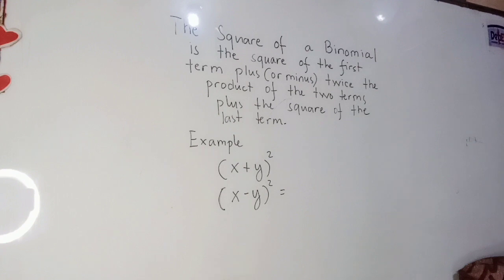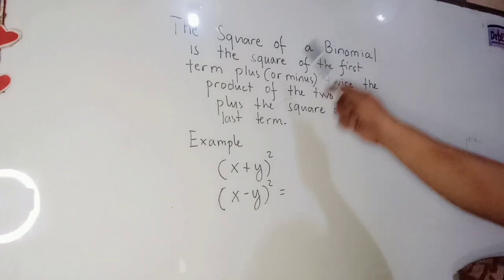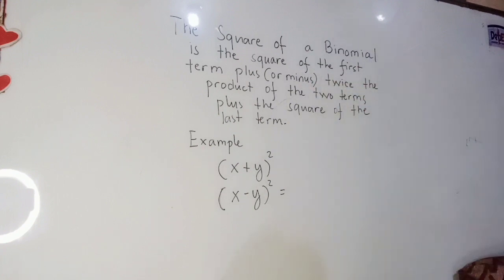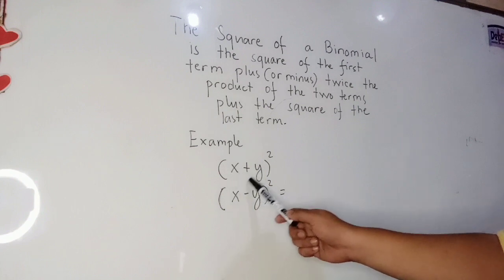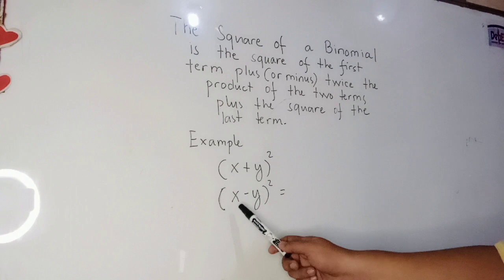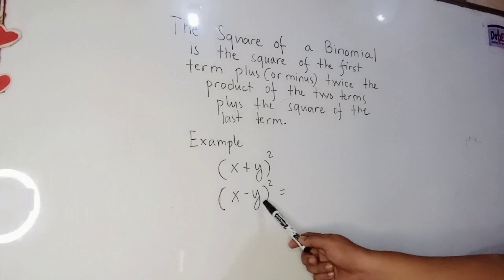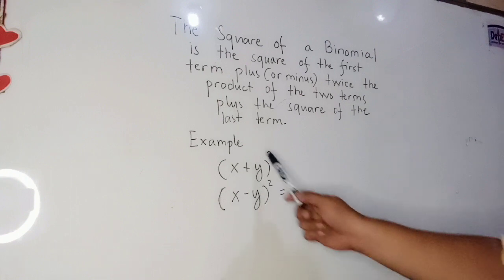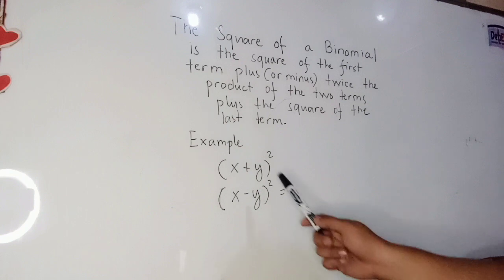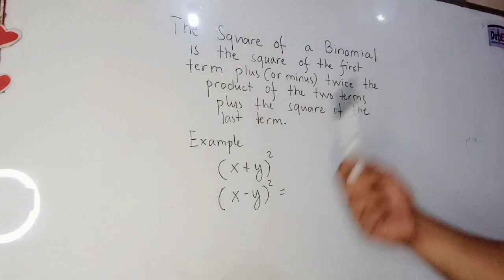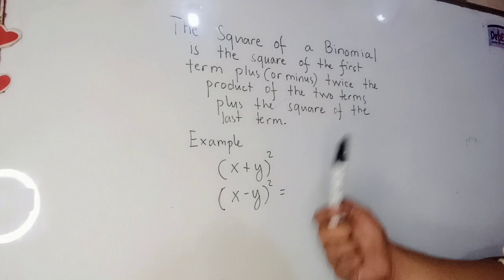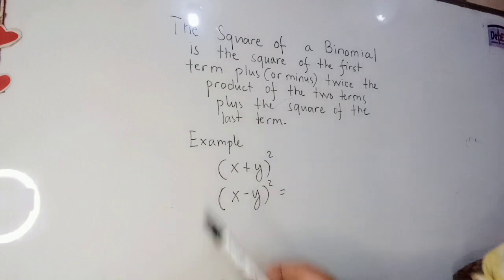Now, for us to be able to apply this definition, we have here our example. So we have here (x + y) squared and (x - y) squared. As you can see, x plus y and x minus y are examples of binomial, but they are being squared. When we say squared, it actually means they are being multiplied to themselves, no?